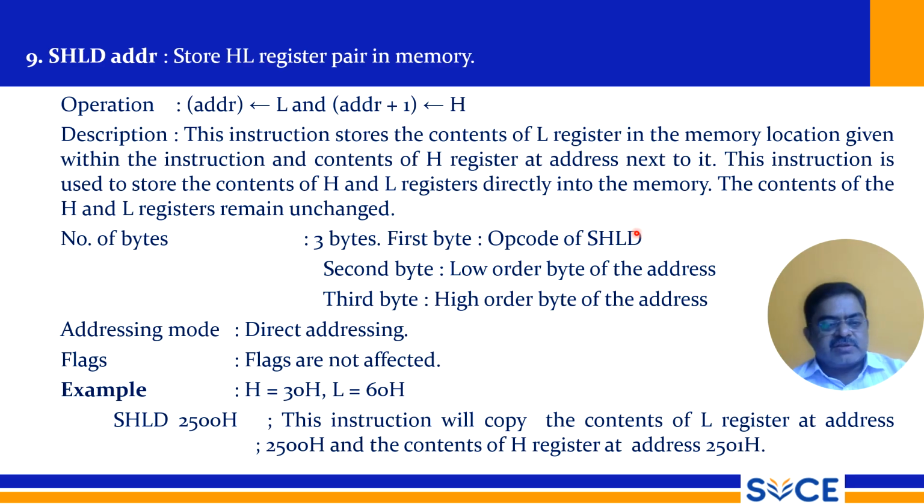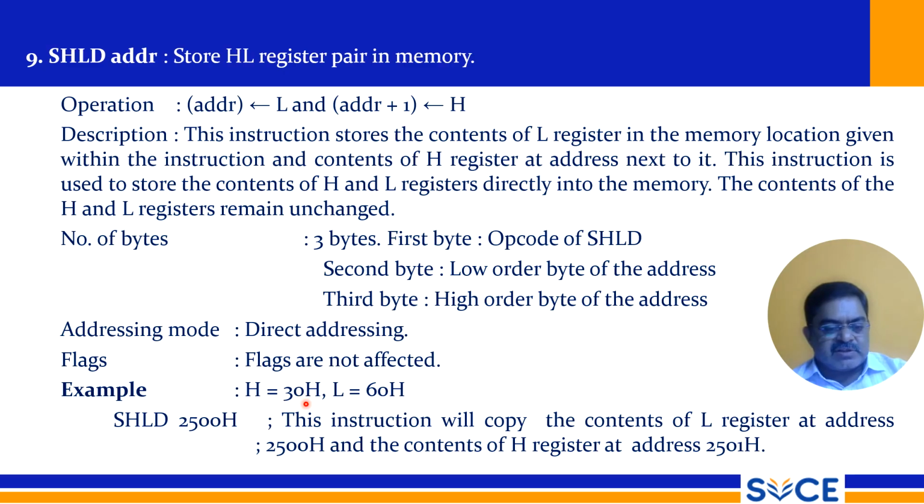It is a 3-byte instruction. The first byte is the opcode SHLD, the second byte is the low order byte of the address, and the third byte is the high order byte of the address. It belongs to direct addressing mode, and flags are not affected.